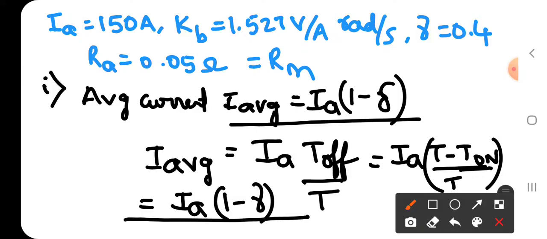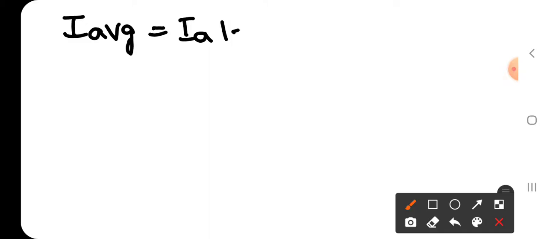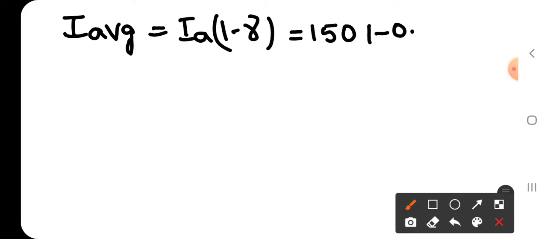He has given IA, that is 150 amperes. Therefore I average is equal to IA into 1 minus gamma, where it is given by 150 into 1 minus 0.4, because the duty ratio is 40%.